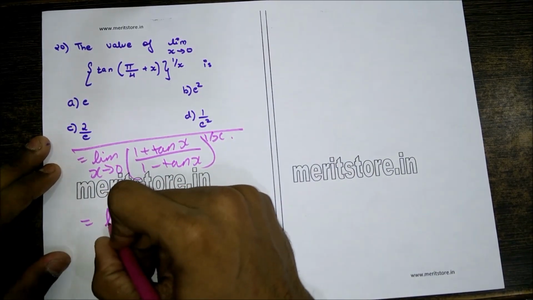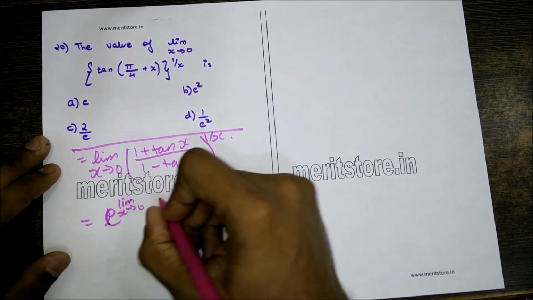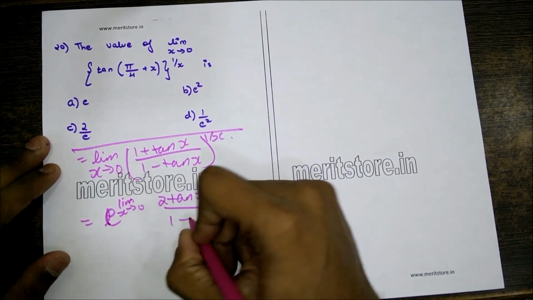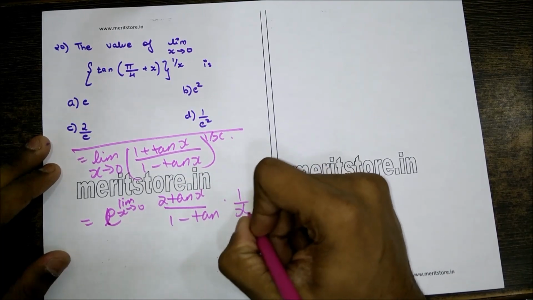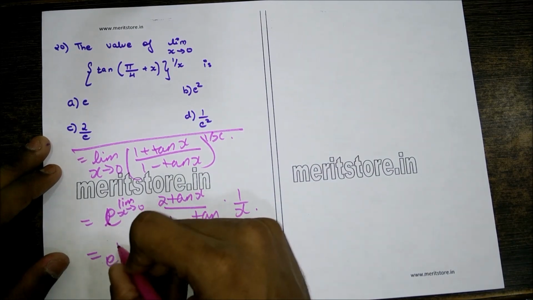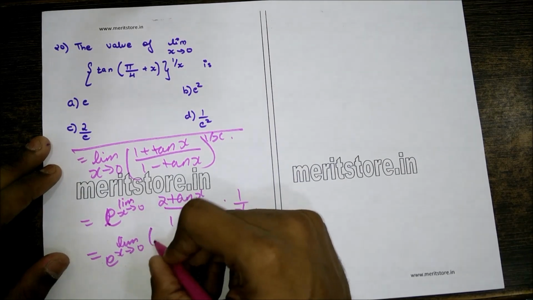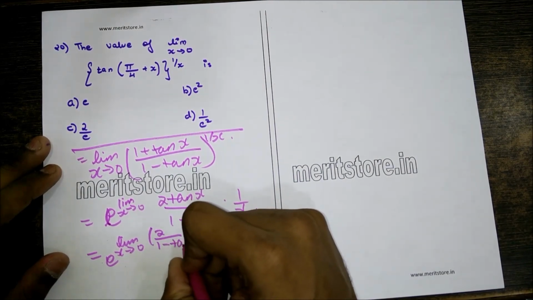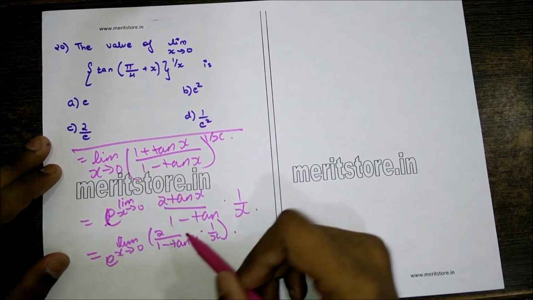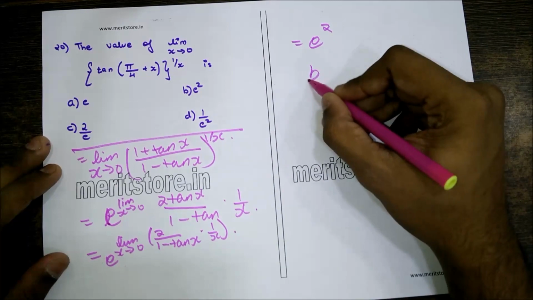That gives us e raised to limit of x tends to 0, 2 tan x by (1 minus tan x) into 1 by x, which is e raised to limit of x tends to 0, 2 upon (1 minus tan x) into 1 by x. Now this is 2, therefore the answer is e raised to 2, which is option B.